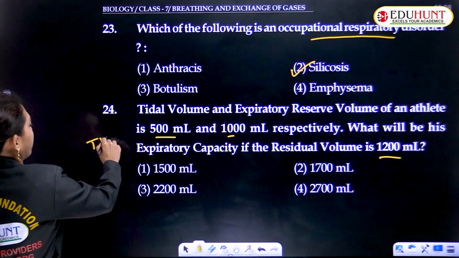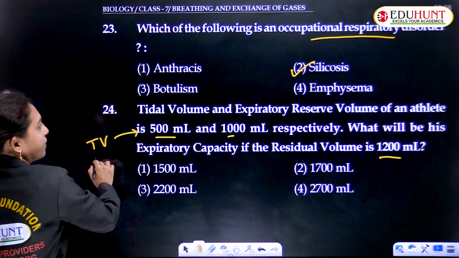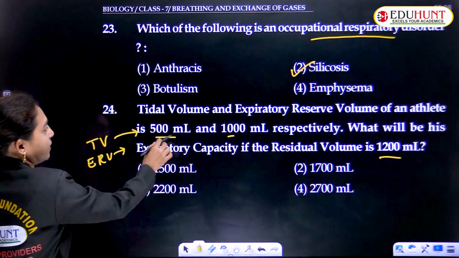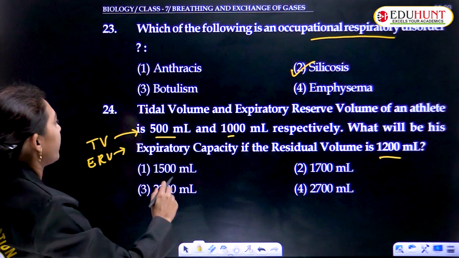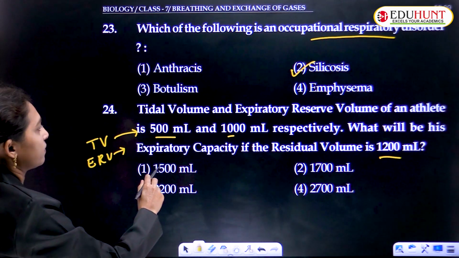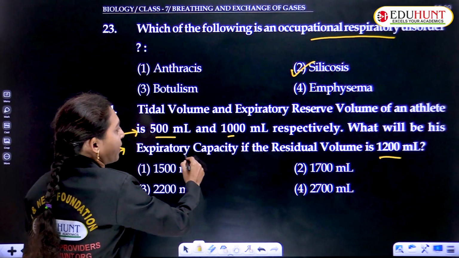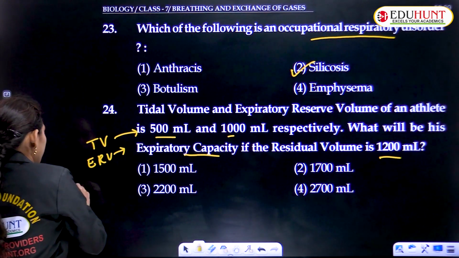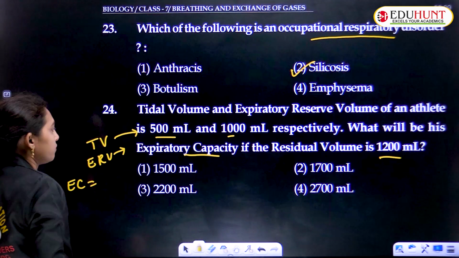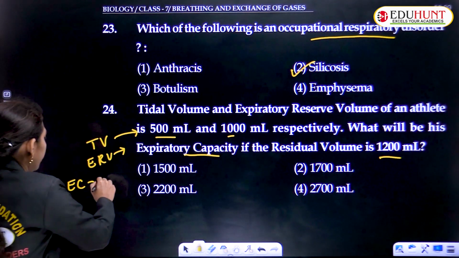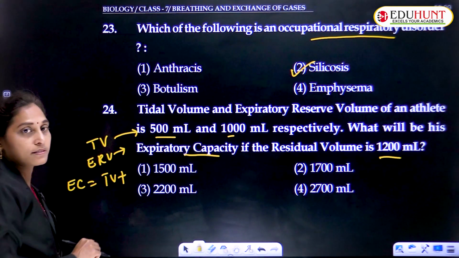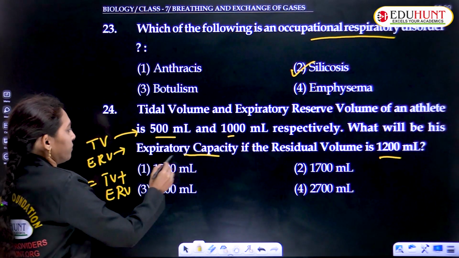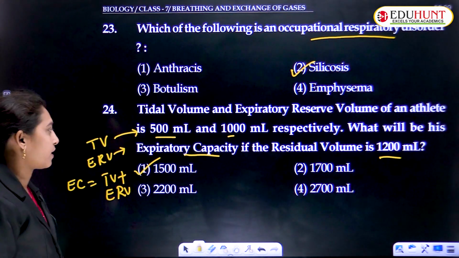TV and ERV are given, and we have to find out the expiratory capacity if the residual volume is 1200. Expiratory capacity is equal to TV plus ERV. So this is the correct option, 500 plus 1000.